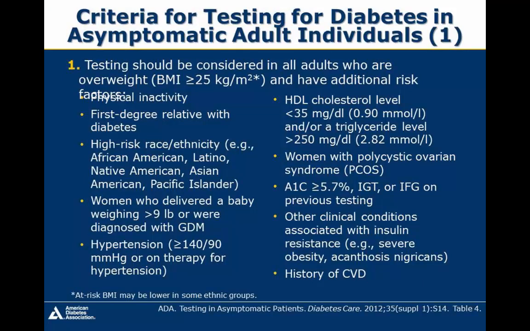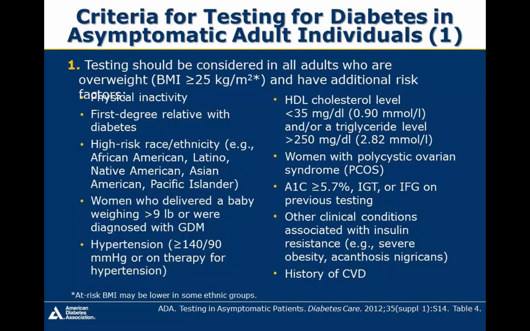Now, what do you have to assess and who do you have to screen? First, have in mind that hyperglycemia and diabetes have different ways of being classified. You could be completely normal if the fasting blood glucose level is less than 5.6 millimole per liter or 100 milligrams per deciliter.